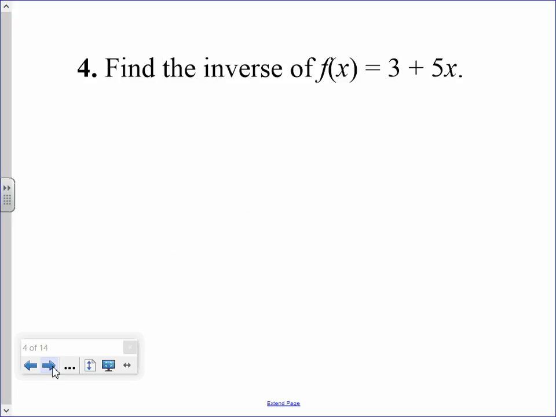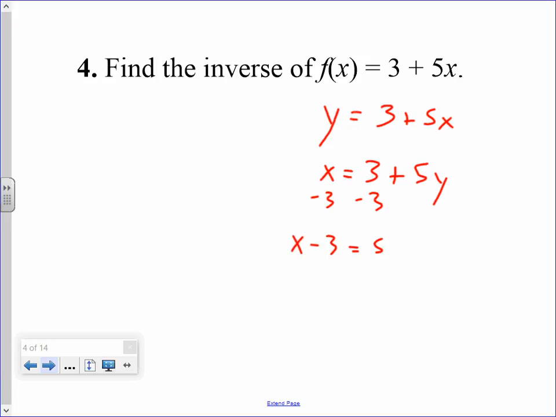Find the inverse of 3 plus 5x. f of x equals 3 plus 5x. Call it y equals 3 plus 5x, then switch their places. x equals 3 plus 5y. And then we're going to solve for y. Subtract the 3. x minus 3 equals 5y. And then divide by 5.